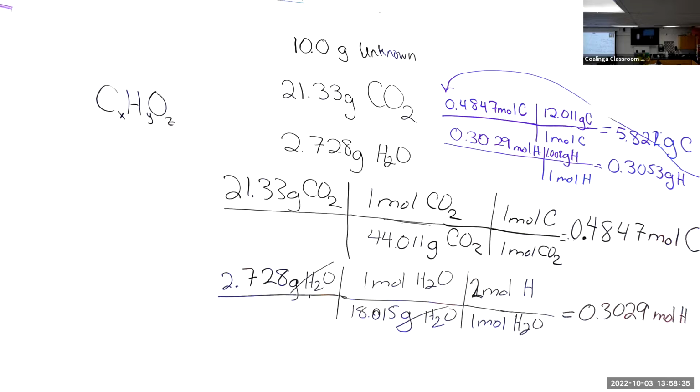Okay, so now we know conservation of mass says what we put in, we've got to get out, right? So this is the carbon that we put in. This is the hydrogen that we put in. So we can figure out how much oxygen we're putting in by using that mass, because they have to add up.